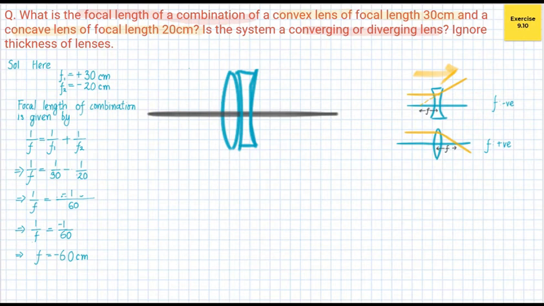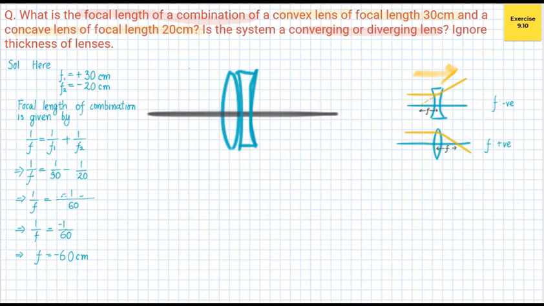Now we have found out the focal length. How much is the focal length of the combination of these lenses? Minus 60 centimeter. If it is negative, then the system acts like a converging or a diverging lens? Negative focal length means it is a diverging lens.